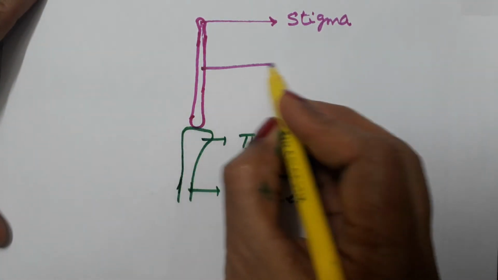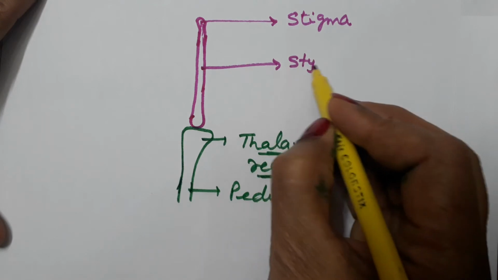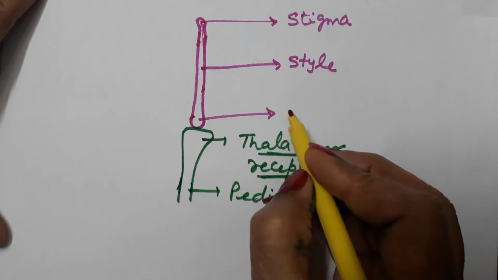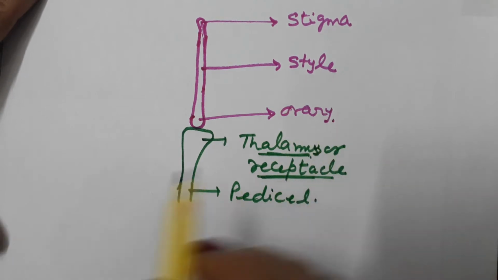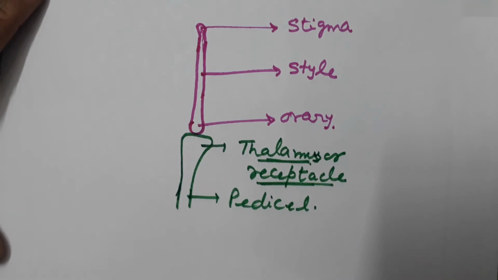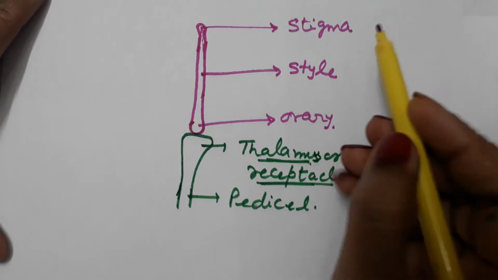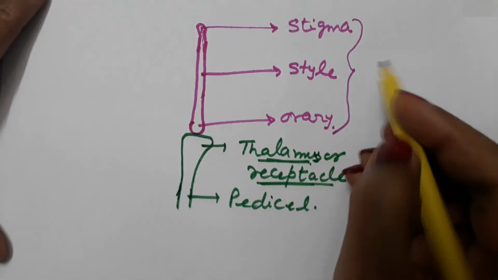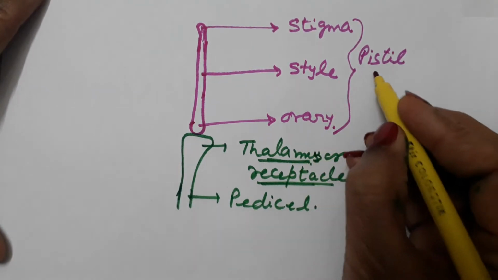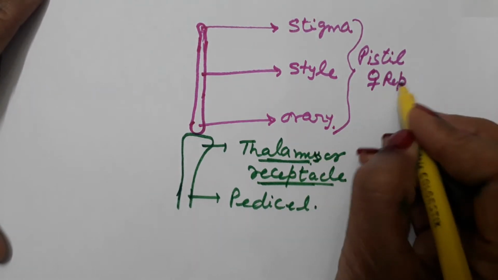Cylindrical portion in the middle represents the style, and the basal swollen portion represents the ovary. Inside the ovary, ovules are there, and inside the ovule, female gamete, egg is present. All three parts together constitute the pistil. Pistil is the female reproductive part of flower.